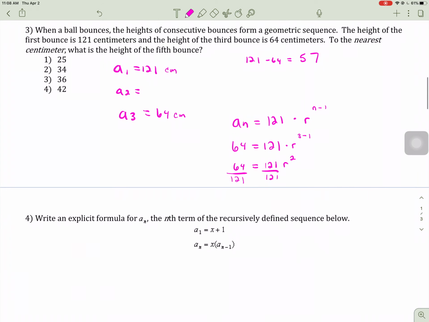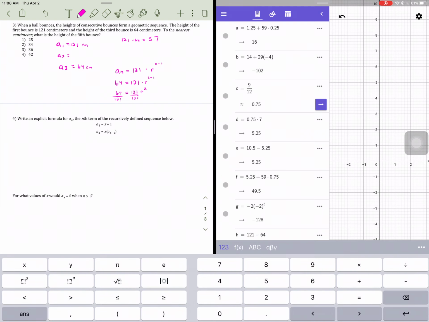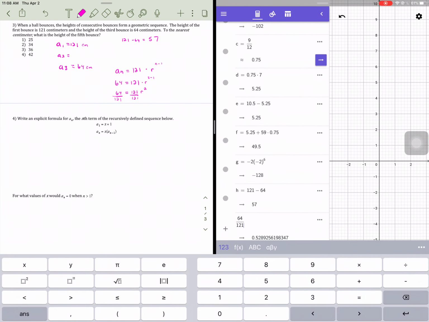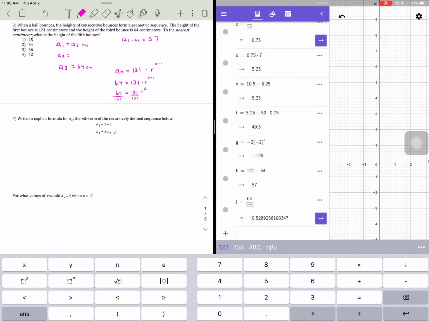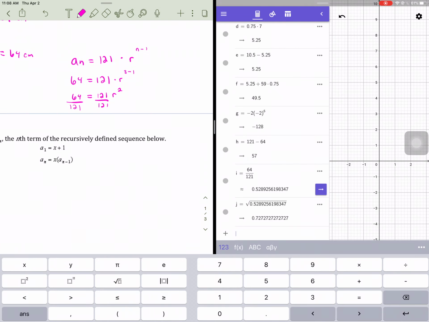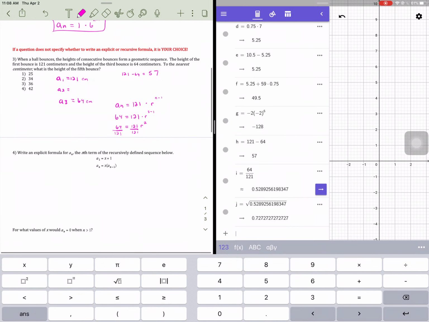Divide by 121. 64 divided by 121, and we take the square root of that answer, and that tells us that we're multiplying by 0.727272. Let's see if that works.